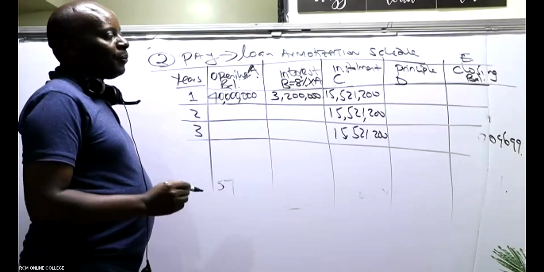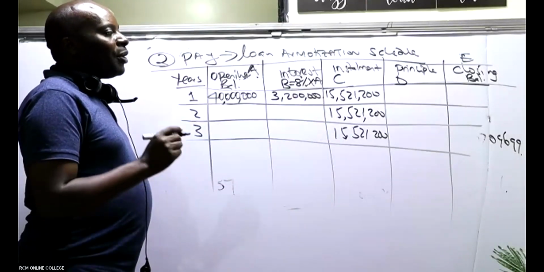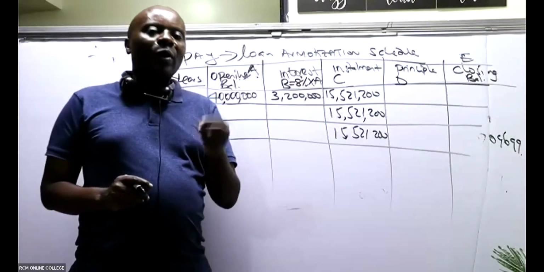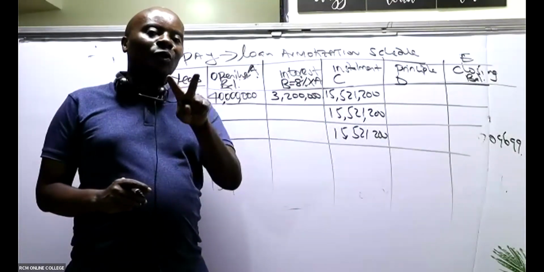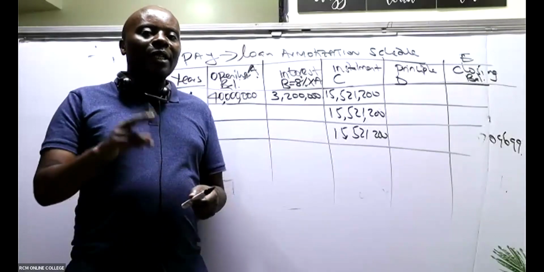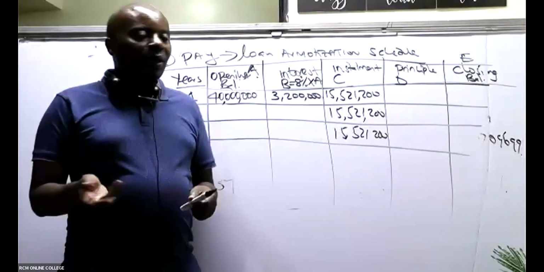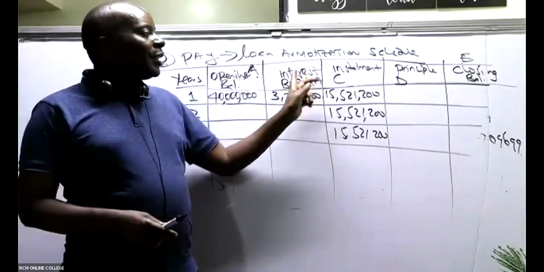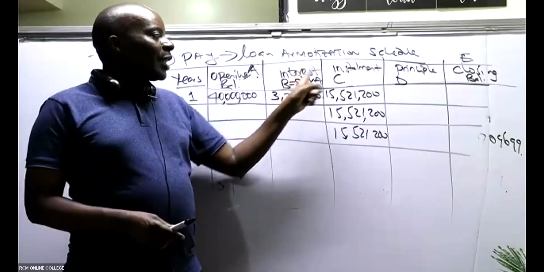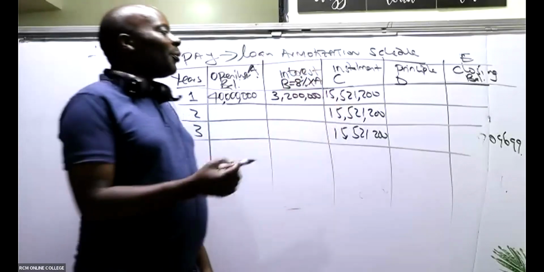Then, ladies and gentlemen, you know that whenever we pay an installment, it covers two things. It covers interest, and it covers what year? It covers the principal. So basically, this installment is interest plus principal. Now that I have interest and I have installment, to get principal is very easy.